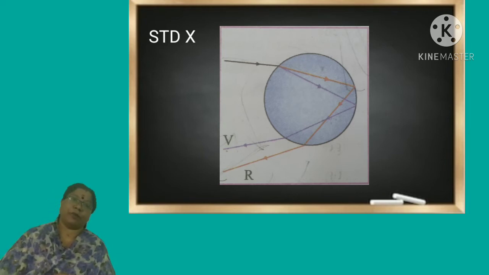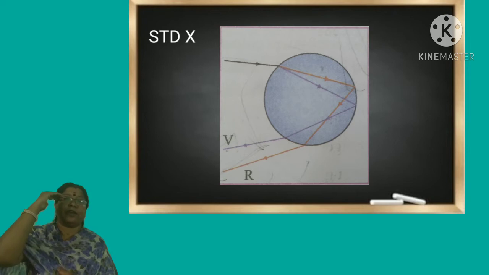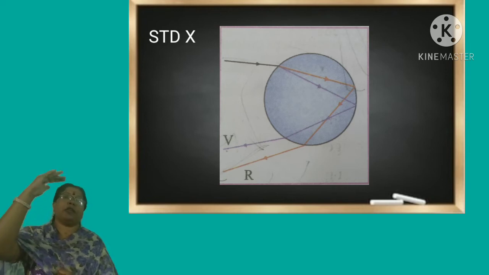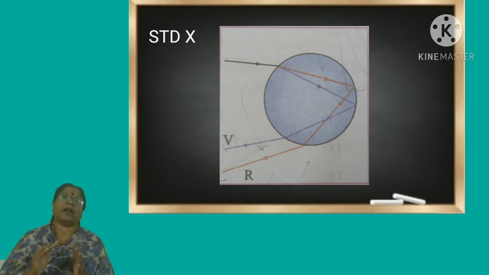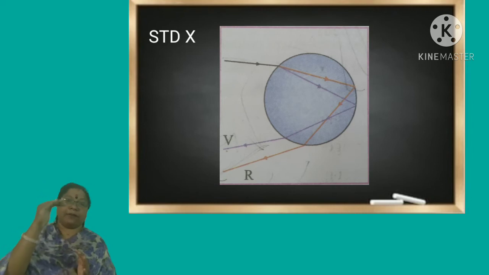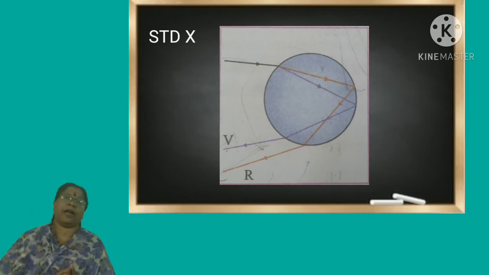For a rainbow to be formed, the ray of light that falls on the water droplet should be parallel to the line of vision. And each color makes a definite angle with the line of vision. For example, red color makes a definite angle with the line of vision.